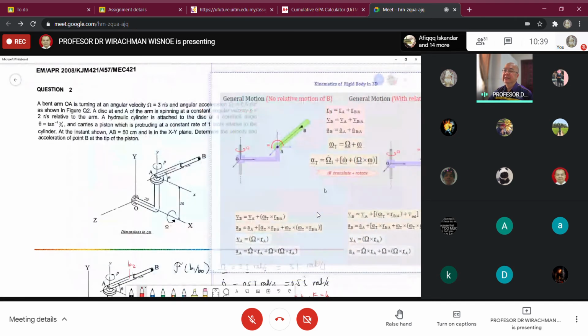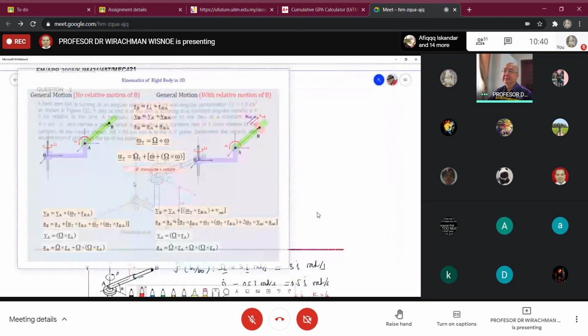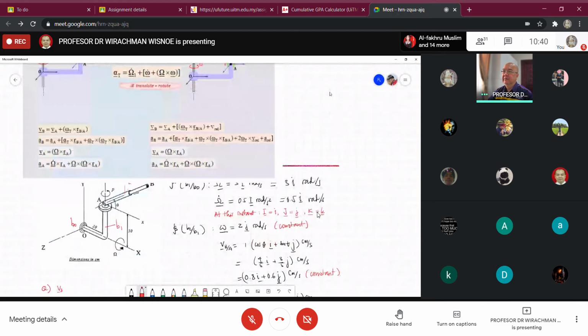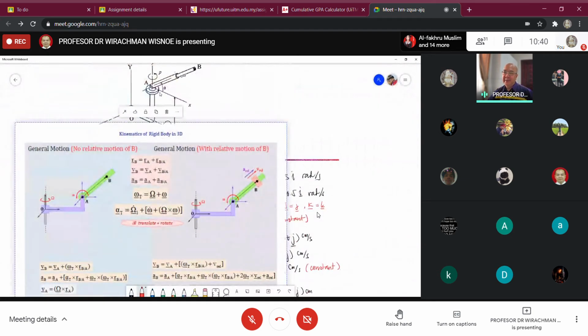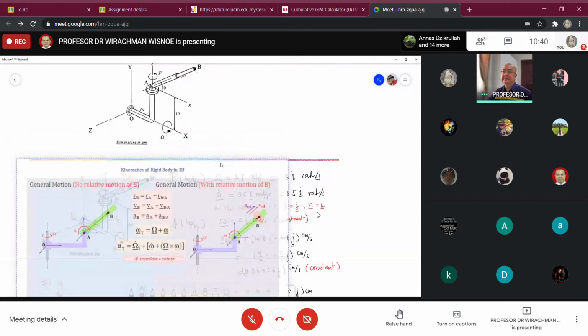If we see this one, how to show everything goes together, right? So this one is roughly something like this. Because we have something that can rotate.